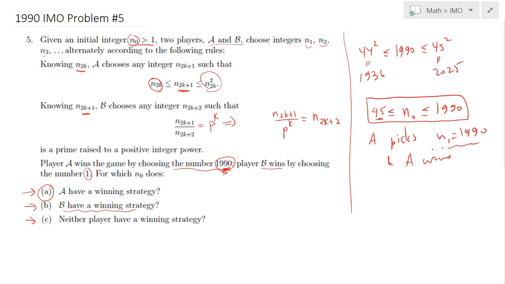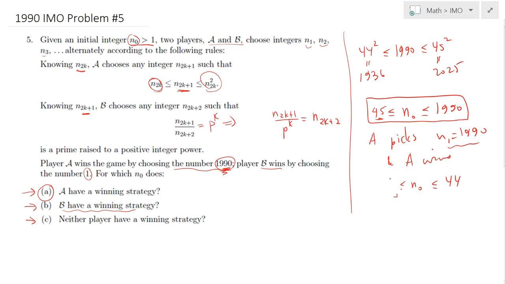End of story. Okay, so next consider the situation where n0 is between 27 and 44, and I'm saying 27 after some trials and errors, obviously.